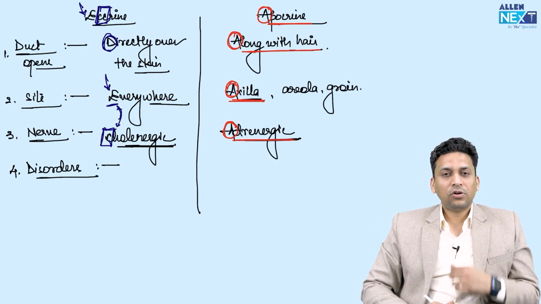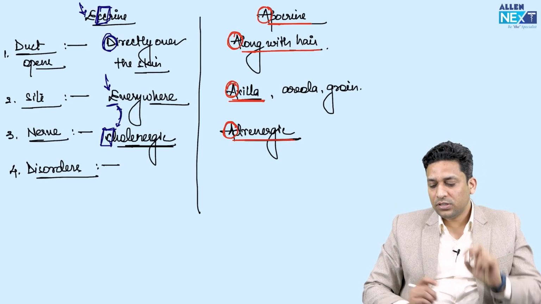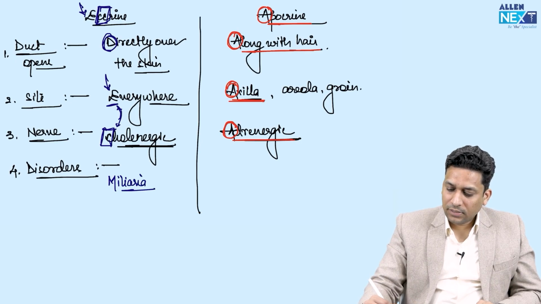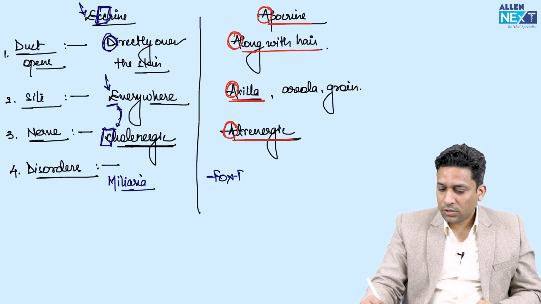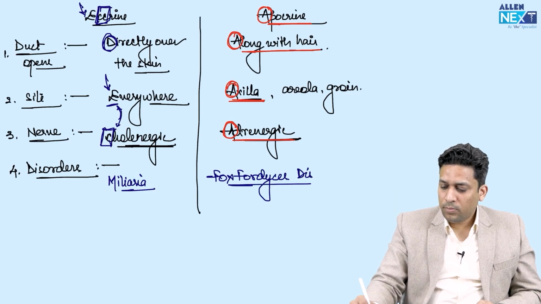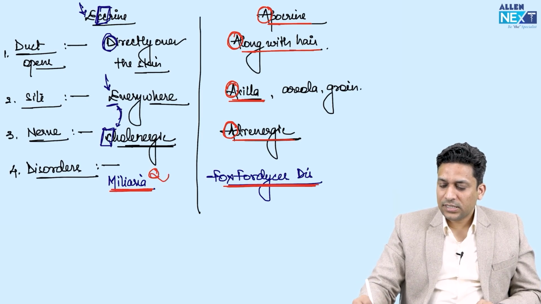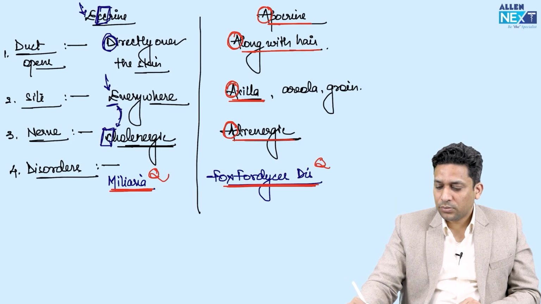Now the disorders are also very important, especially these two disorders. One is miliaria and the other one is Fox-Fordyce disease. So many times these questions have been asked. Miliaria is a disorder of eccrine, while Fox-Fordyce disease is a disorder of the apocrine sweat gland.